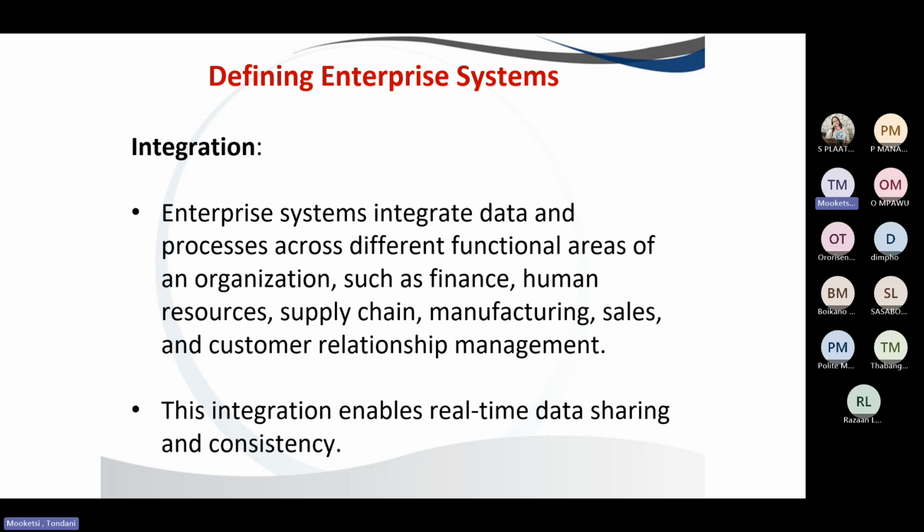ERP systems also have integration, meaning that they integrate data and processes across different functional areas in an organization, such as finance, human resources, supply chain, manufacturing, sales, and customer relationship management. It could be that some of these functional areas are using different systems, like the HR system, maybe a separate system but integrated to the ERP system.